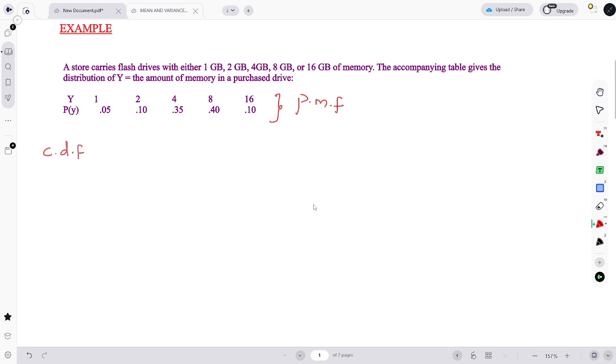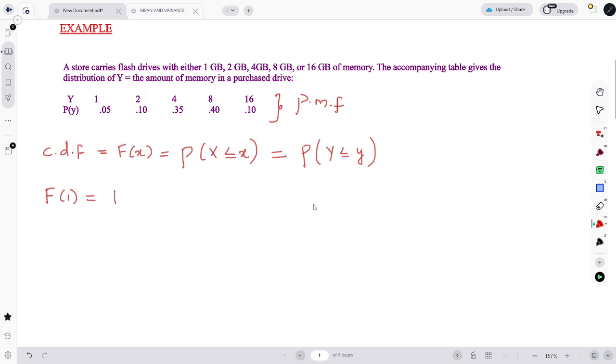CDF. What is the formula? CDF is denoted by capital F of x, and the formula is P of capital X less than or equal to small x. We can rewrite this according to random variable Y, that is P of capital Y less than or equal to small y. So first we can find out F of 1.